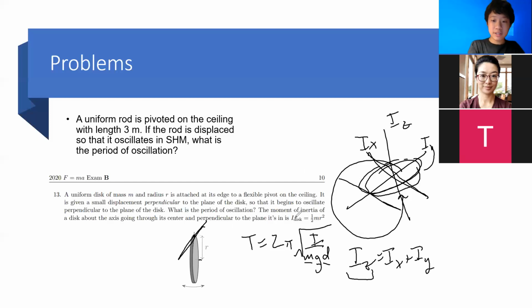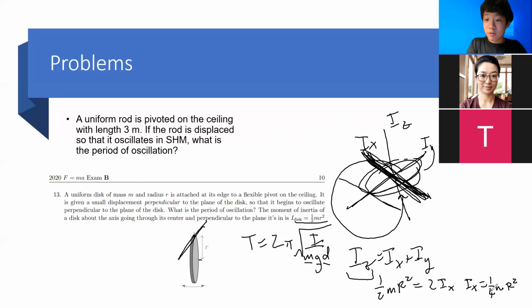Iz, as we know, is 1/2 mr squared. By symmetry, Ix and Iy are the exact same thing, so Iz equals 2Ix, and Ix equals 1/4 mr squared.